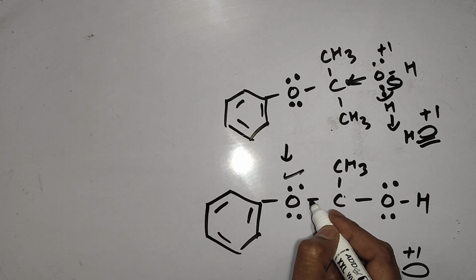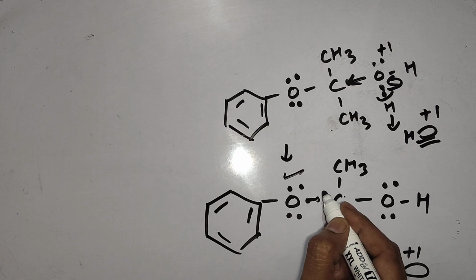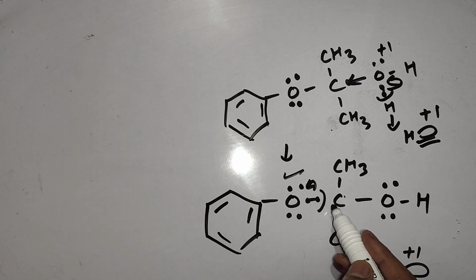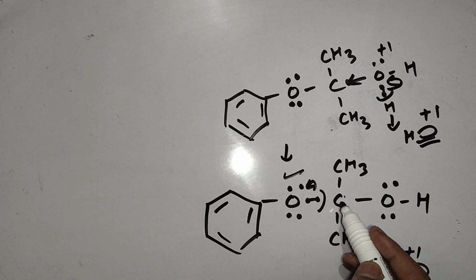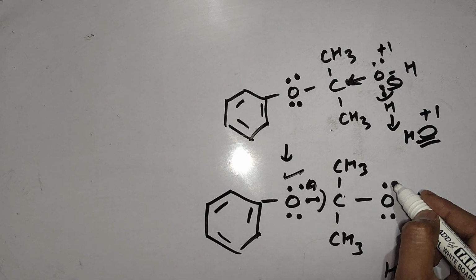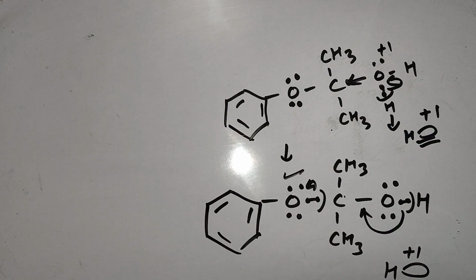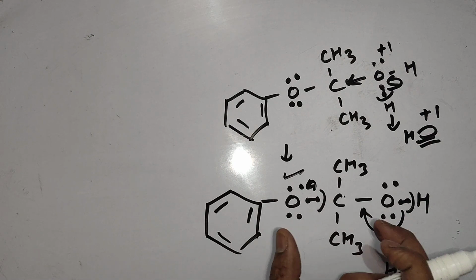Obviously when it breaks the bond from carbon, electrons will shift toward oxygen. At the same time, this carbon will have a vacant orbital, a positive charge, which will be balanced by the neighboring oxygen by breaking the bond from its hydrogen like this. Please check. It is an unstable condition.